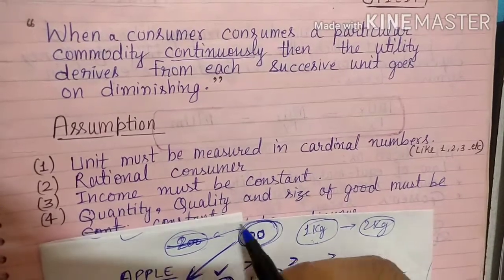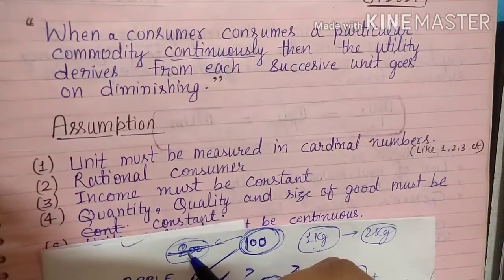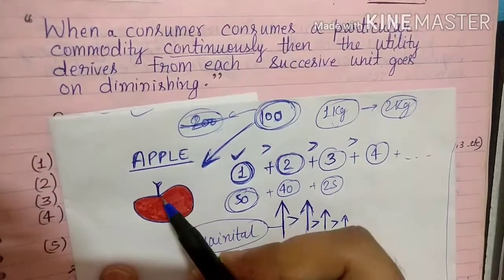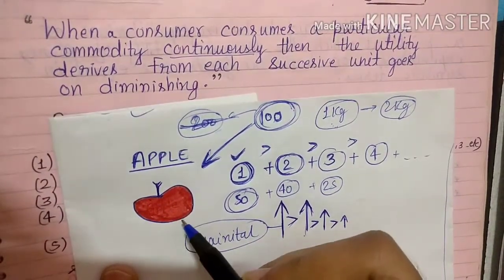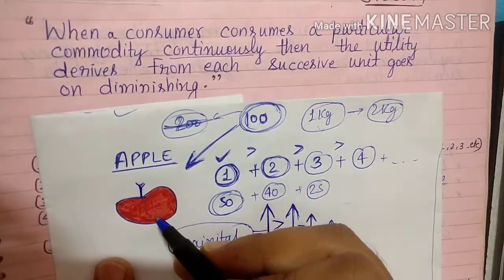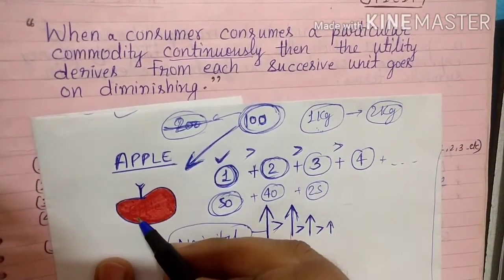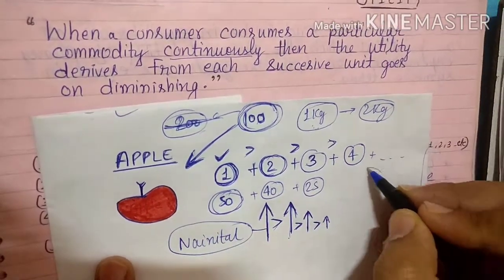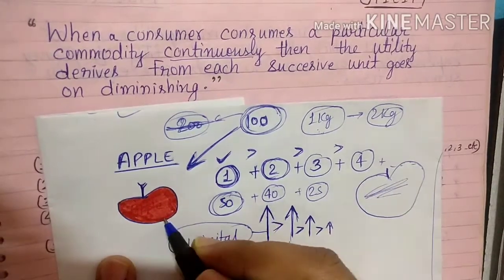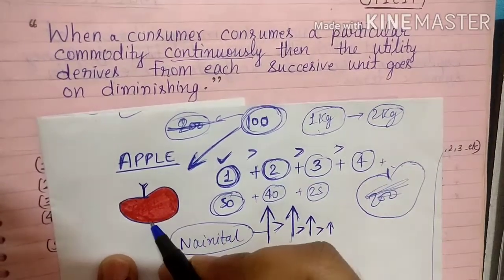Then the quantity, quality and size of the good must be constant. Like with the apple, sometimes the size may be different. Suppose this apple is 100 gram and another apple is 200 gram. The satisfaction you get from the 200 gram apple will be more than from the 100 gram one.